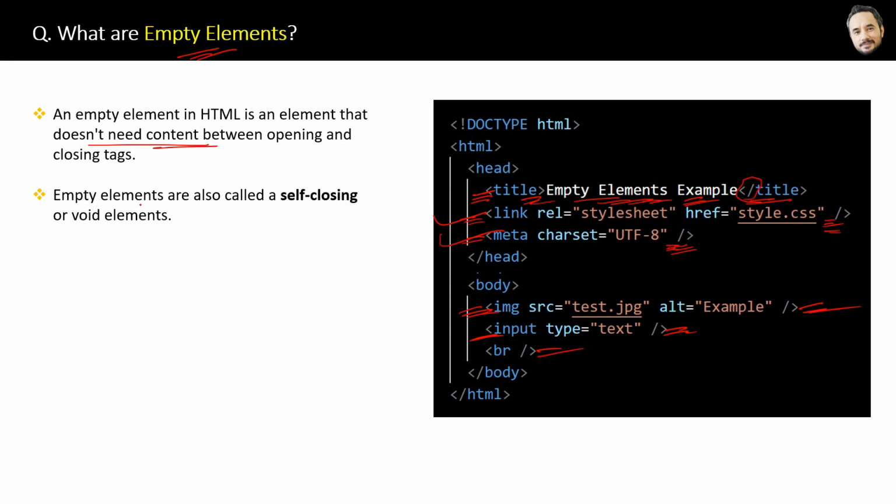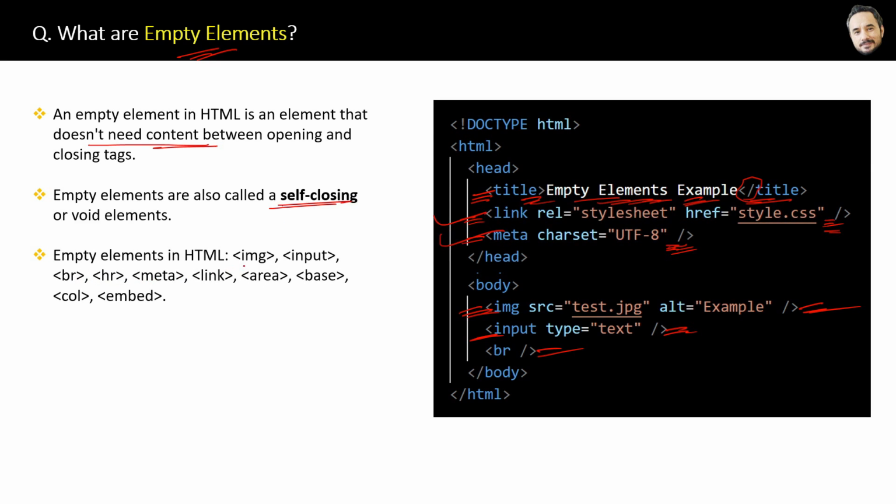The second point is empty elements are also called self-closing or void elements because they do not have, as I said, separate closing tags. And the last point is, here are some more examples of empty elements in HTML5. All these are empty elements and they do not need separate closing tags or content. Okay, that's the answer to this question.